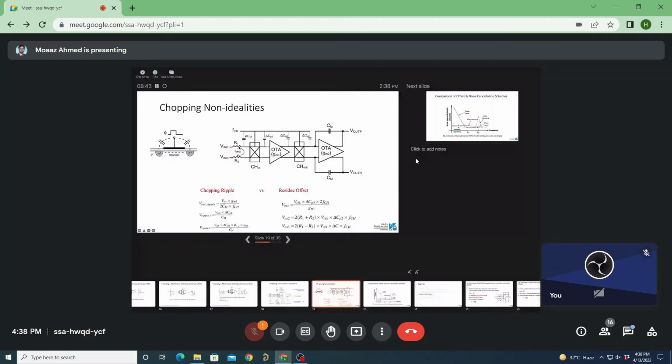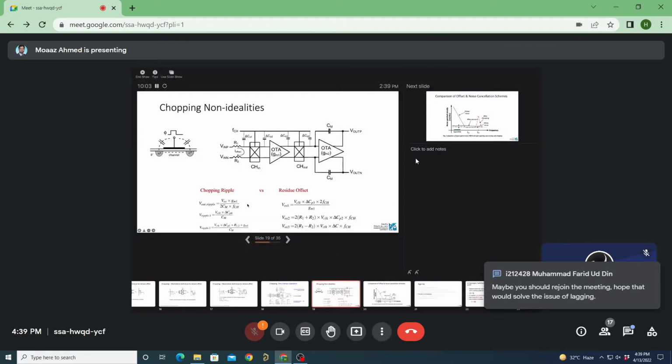ripple and the offset voltages clearly shows there is a trade-off in the chopping frequency. If we have high chopping frequency, the ripple is small. The problem is that the higher the chopping frequency, the residue offset is also large. So based on your specification, you have to choose the chopping frequency, which must be larger than, of course, the flicker noise corner.